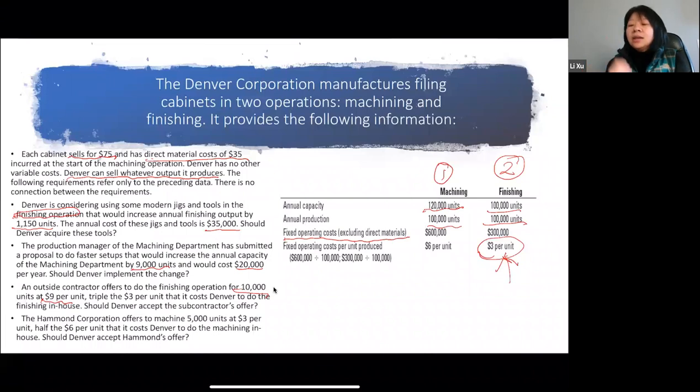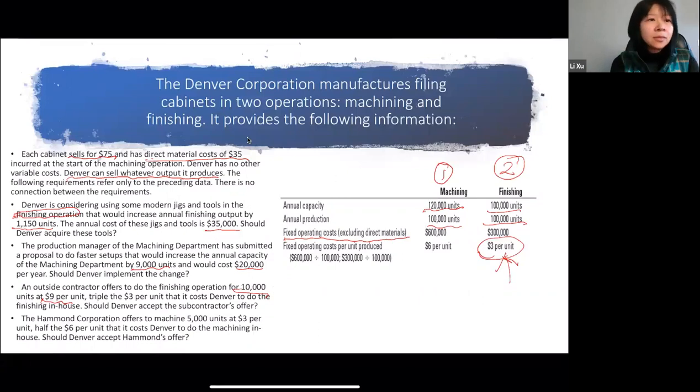And second, you need to identify which department is the bottleneck department. The goal is to maximize the capacity and increase efficiency for the bottleneck department, okay? There's no use increasing the efficiency or capacity of other departments unless the bottleneck is fixed.